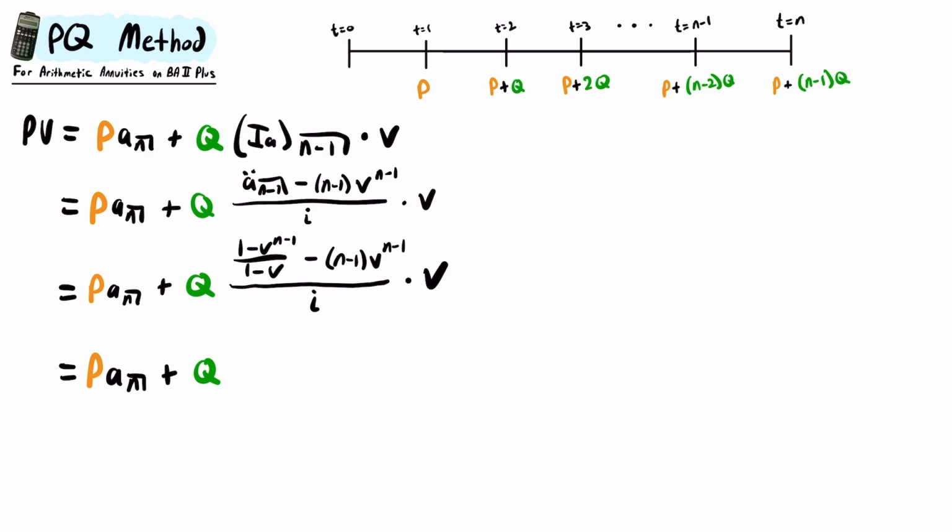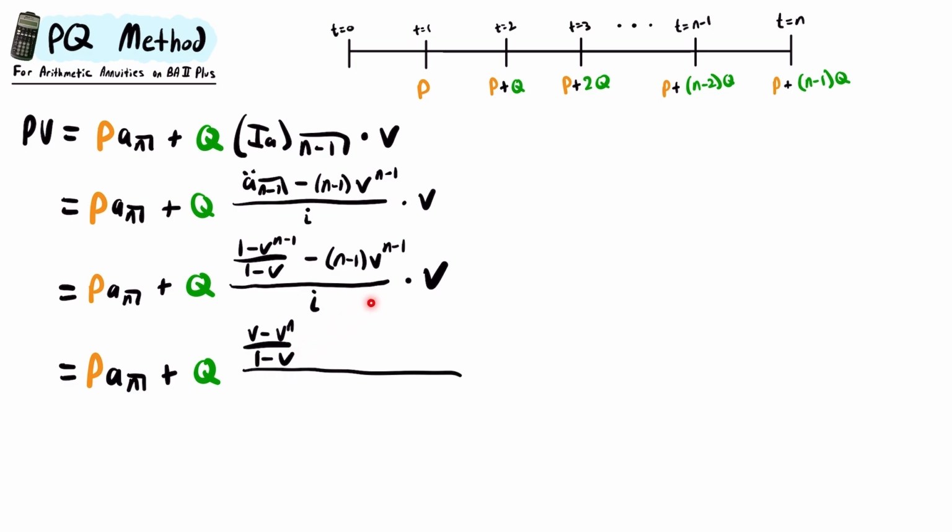So here's what you'll get. You'll have v minus v to the power of n minus 1 times v. But since we're working with the same base of v here, when we're multiplying, you can add the exponents and have n minus 1 plus 1. So that 1 and negative 1 would cancel out, just leaving you with v to the power of n. And that's divided by 1 minus v.